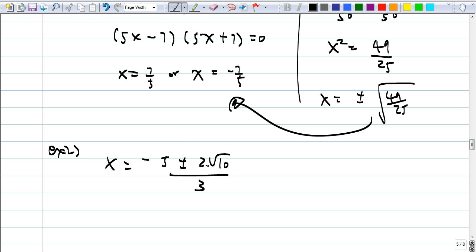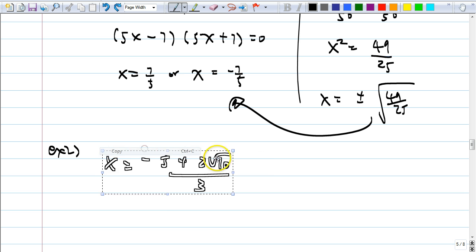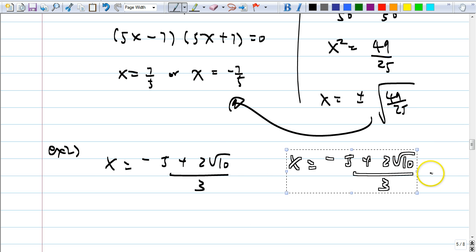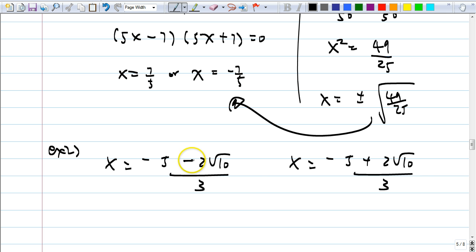By the way, how many numbers does this represent? 2. So on the test, I would like you to separate them, right? Okay. It's easy. All you have to do is write this, copy this and paste it. And then make this one smaller. There you go. The 2 answers, okay?